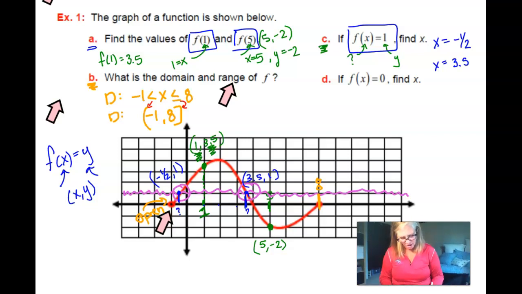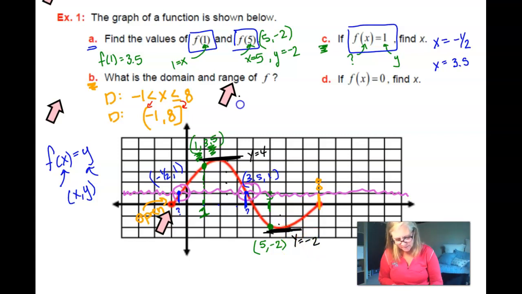When we look at our range values, we notice that we have a high up here and we have a low down here. It's a little bit hard to tell in this graph if they go above or below. I think the intention was for them to go right to the lines. Going up, if I look at this 1, 2, 3, 4, this is y equals 4. And if I go down 1, 2, this is y equals negative 2.